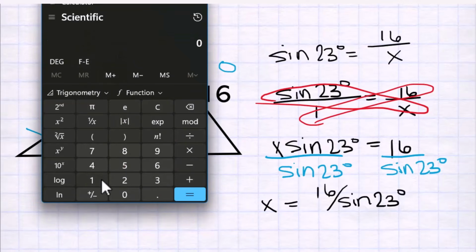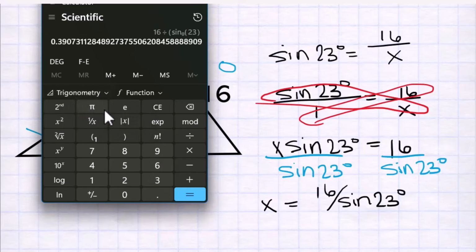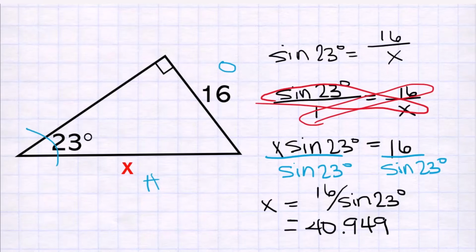All right, so I know I'm going to do 16 divided by, and for sure I have to use parentheses because I have to enter this kind of strangely. 23 has to go in first and then the sine, and then I'm going to close that parentheses and hope for the best. And I got an answer. Cool. Did you get 40.9489? Because that's what I got. If I made a mistake there, will you guys let me know in the comments?